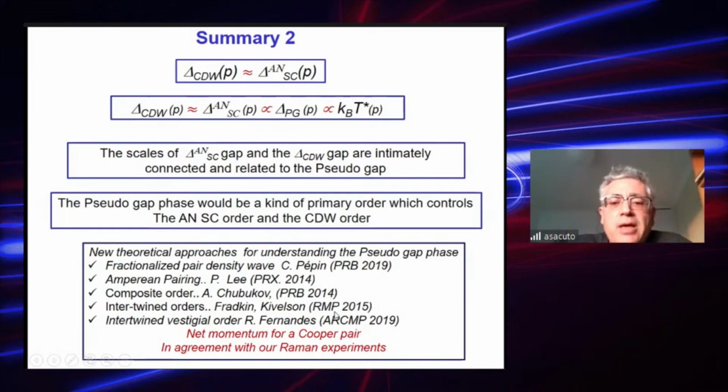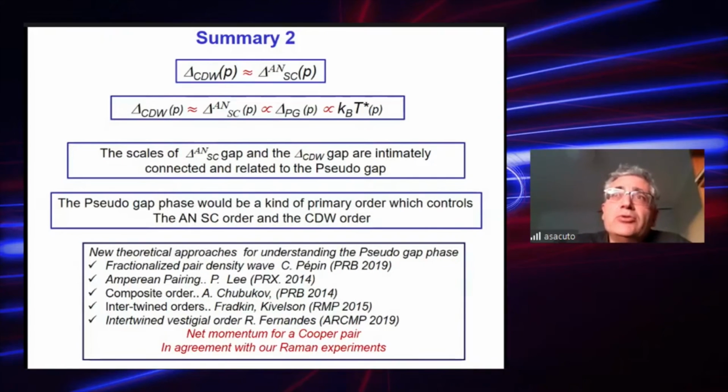And the other point is that Raman spectroscopy is an energy probe. It's not a momentum-resolved probe. If you want to try to detect the charge density wave with a momentum-resolved probe, it is not easy because the charge density wave has a very short range or correlation length.